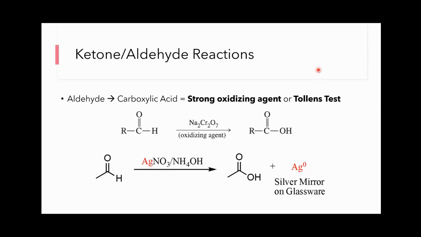If you want to make an aldehyde into a carboxylic acid, we just oxidize it with either chromate or what we call a Tollens test, where we react it with silver nitrate. It'll yield the same result, where instead of this hydrogen, we'll get an OH.